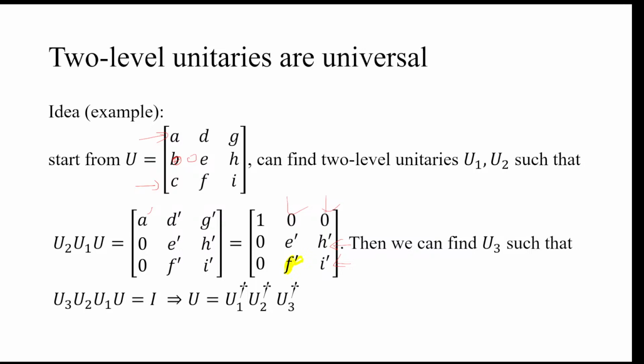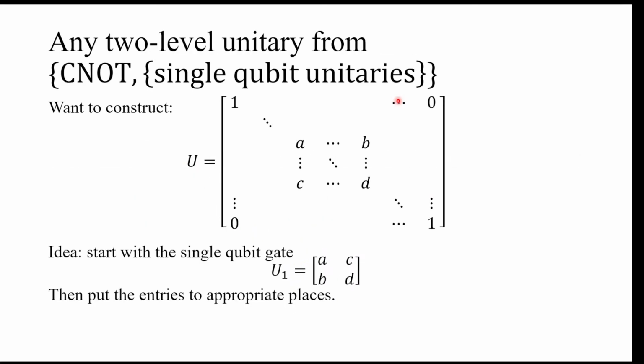Okay. And so that's a two-level unitary, and then universal. And then we go to, I guess, the kind of complicated part. So we want to show that any two-level unitary can be built from CNOT and single qubit unitaries.